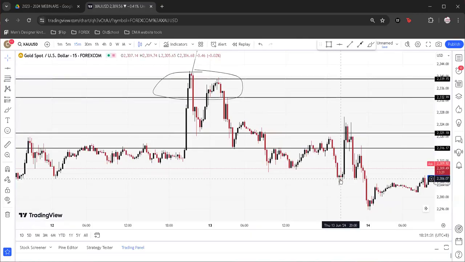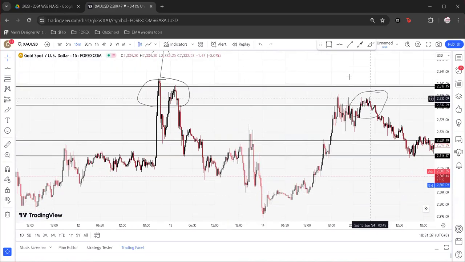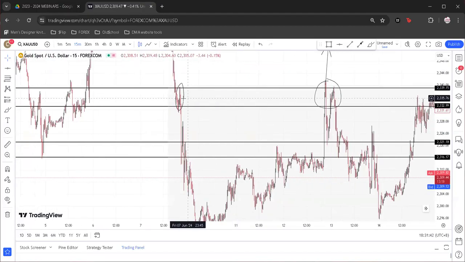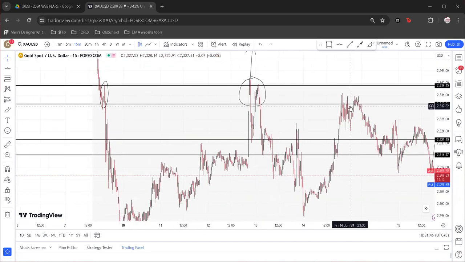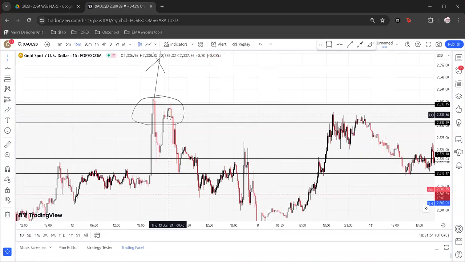And then this is another news, and then it went down again, continued going down. And then this is the second entry, the second time it entered into this resisting point. But what we do as traders is we look at the first left. So here, you can see a high momentum seller, right?